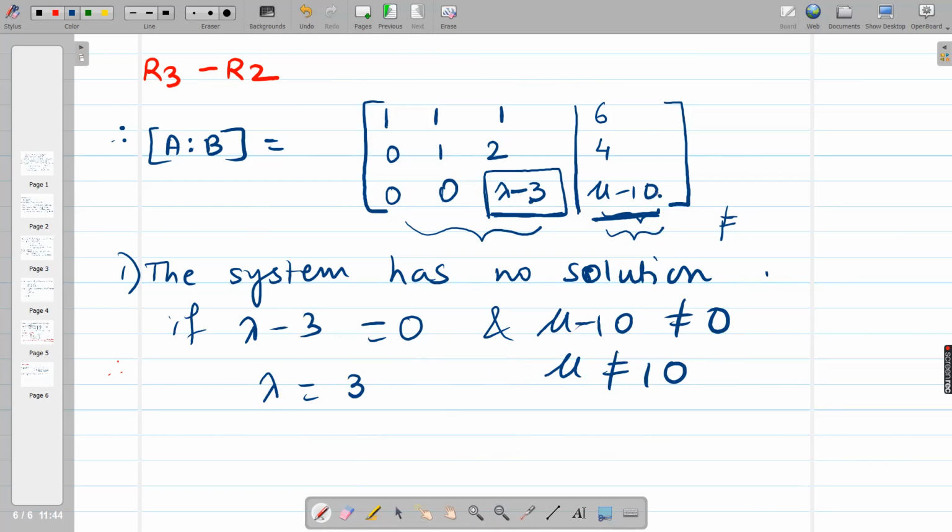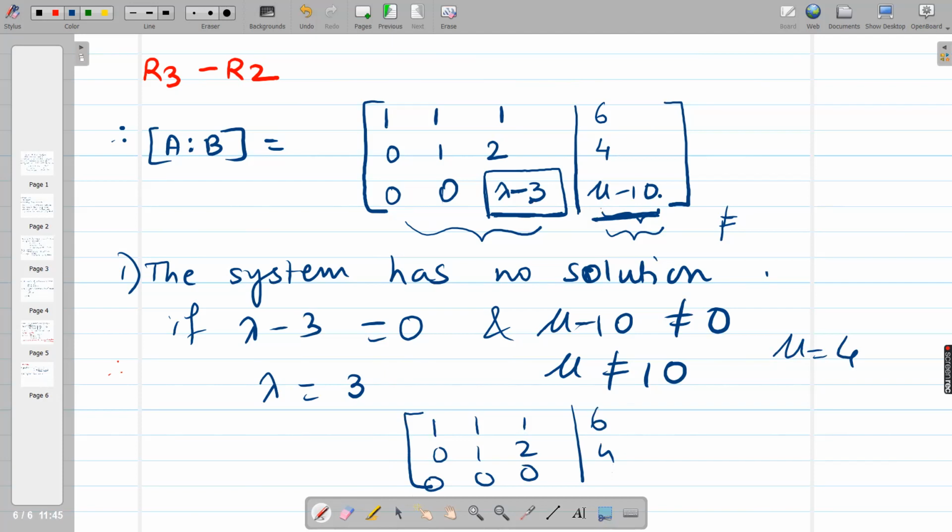If you take any other value for mu than 10, and substitute lambda equal to 3, for example, if I say lambda is 3 and mu is say 4, which is not equal to 10, then 1, 1, 1, 0, 1, 2, 0, 0, and I have on the RHS 6, 4.